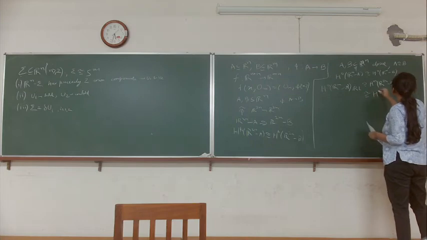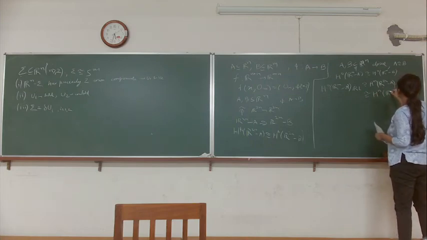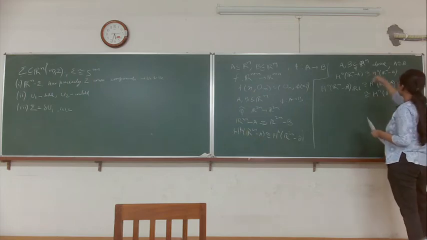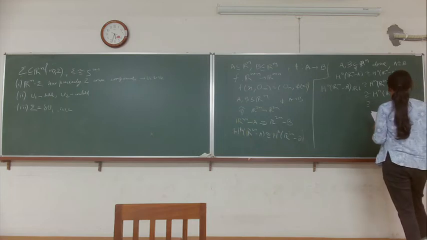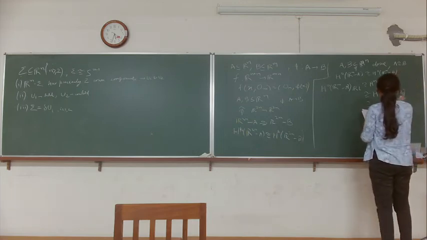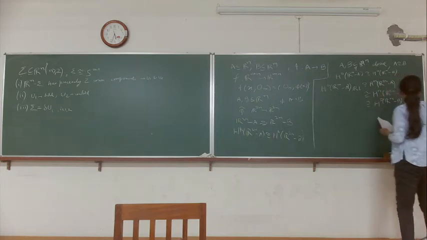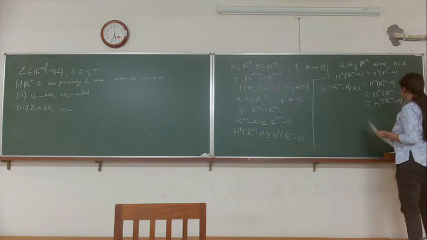So this is now isomorphic to H^n(R^2n minus B), which is from this previous one, and this is isomorphic to, yes, H^0(R^n minus B) mod R·1.